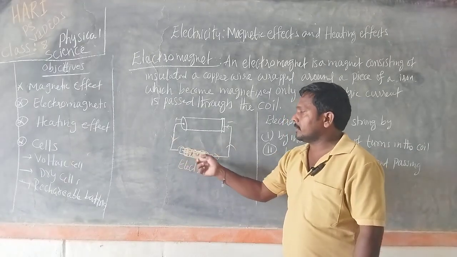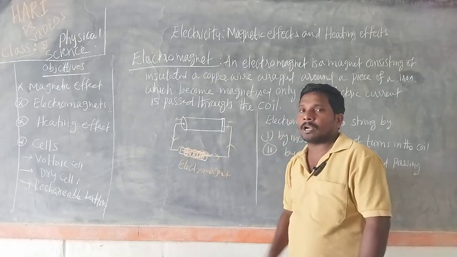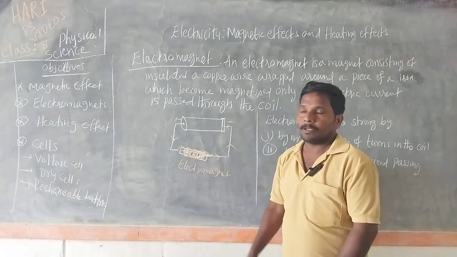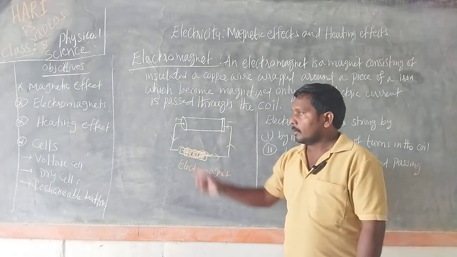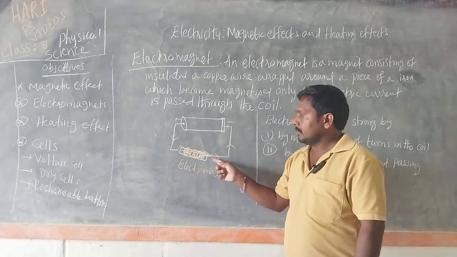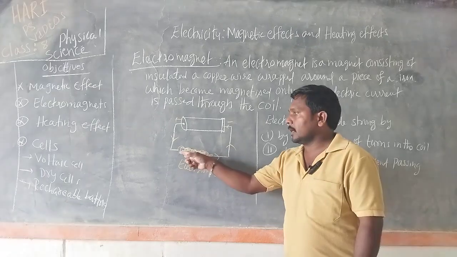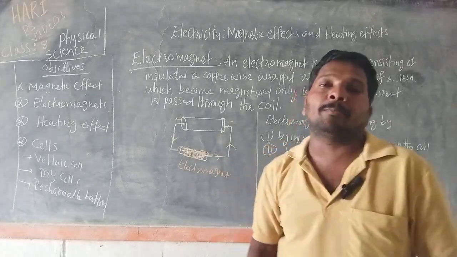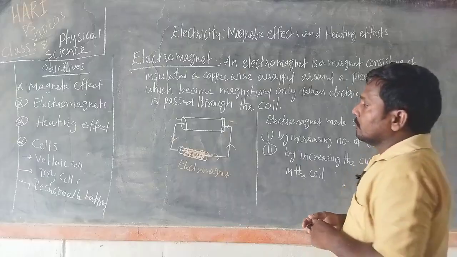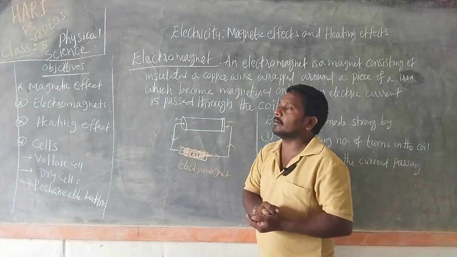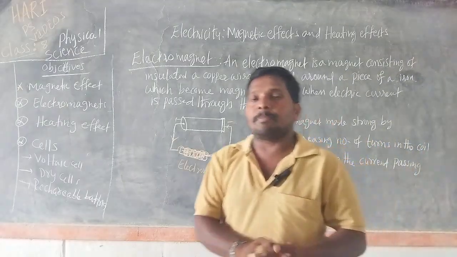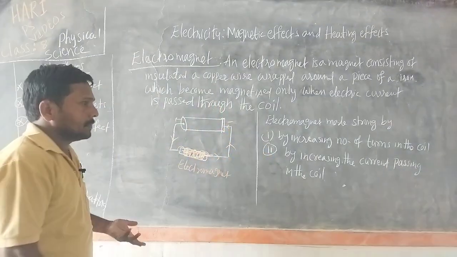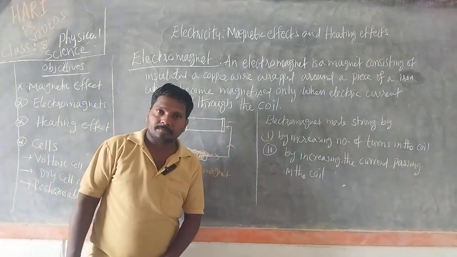If we want to change here south pole, and here north pole, we change the direction of current by changing the terminals, then south pole becomes north and north becomes south. So there is a chance to reverse the polarity or the poles in case of electromagnet. Such possibility is not there in case of permanent magnets like bar magnets.